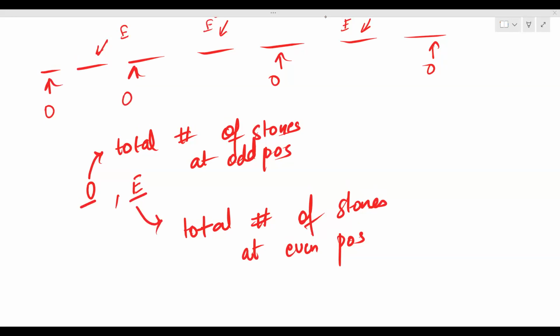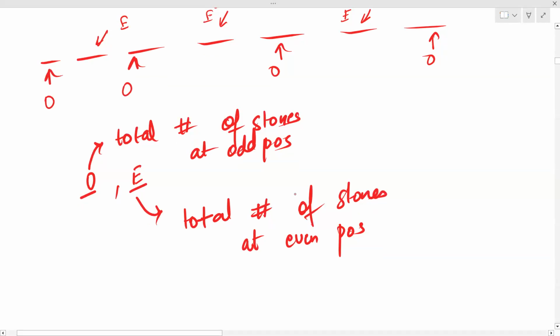Why? Why not? Because Alice will remove two stones from odd or even indices, not one from odd and one from even. It's not possible because the parity of the indices has to be the same.